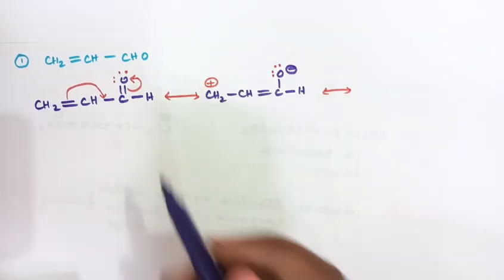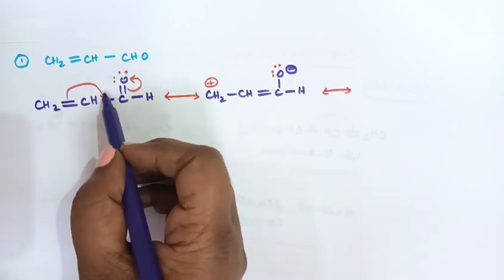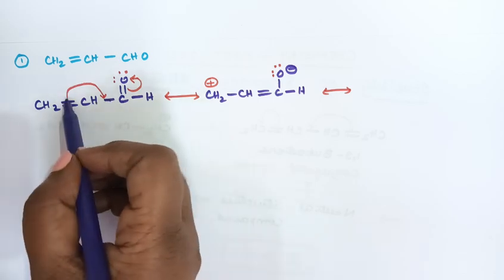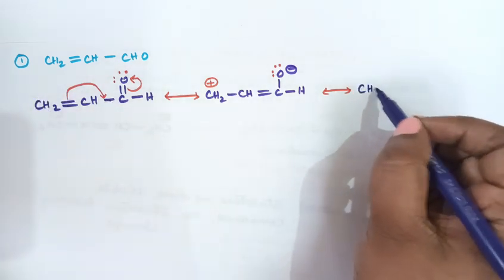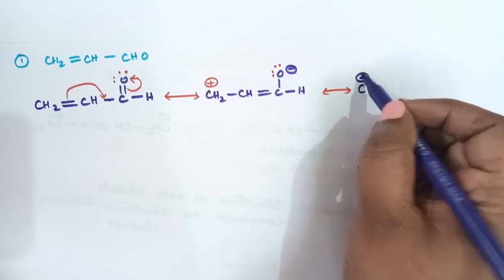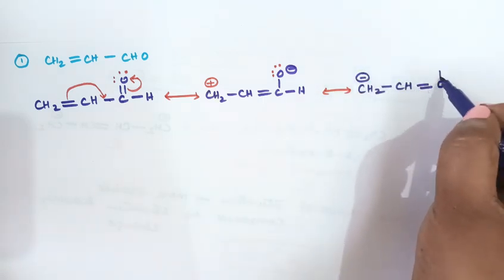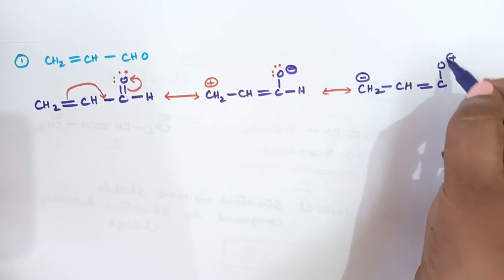Now instead of this bond shifting, this bond can shift. When this bond shifts here, this will become a double bond and this bond will shift to the carbon. So it becomes CH2, negative sign, single bond CH, double bond C and here single bond O and then there will be a positive sign.